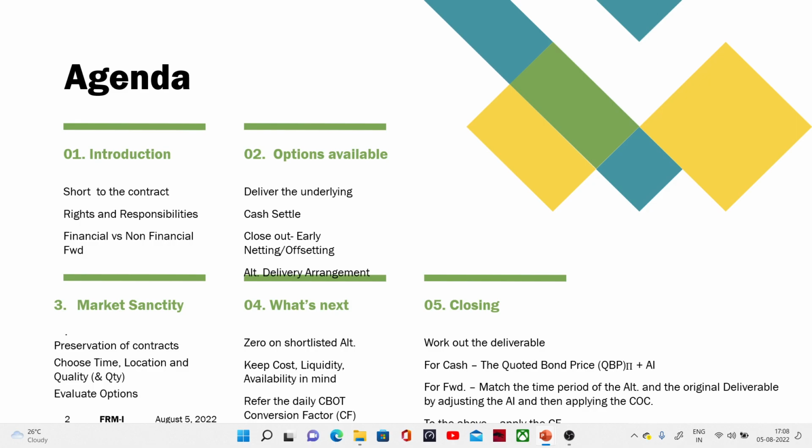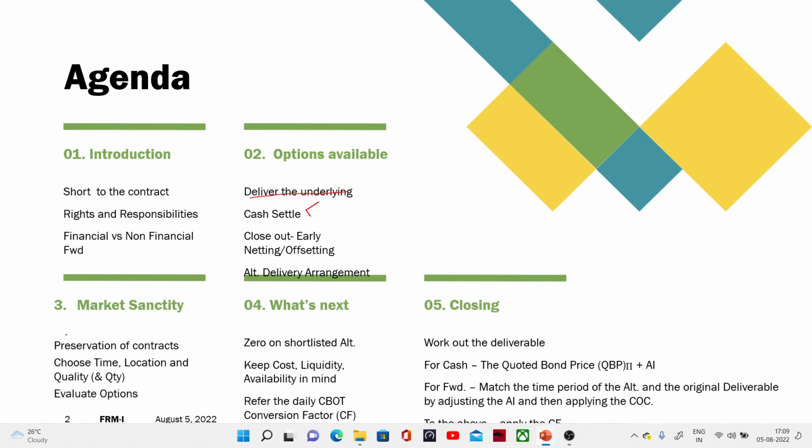However, the contract also embeds a lot of clauses, a lot of exit clauses, a lot of closeout clauses, and other alternatives. So what are those? First, of course, we talked about the deliverable underlying. Of course, that's what the short is supposed to do at the maturity of the contract. The short could also cash settle.